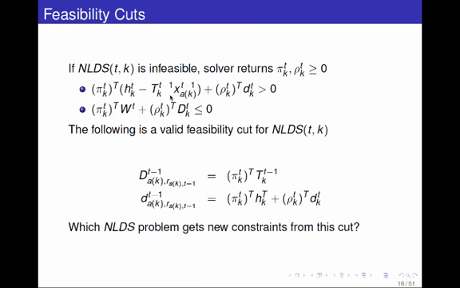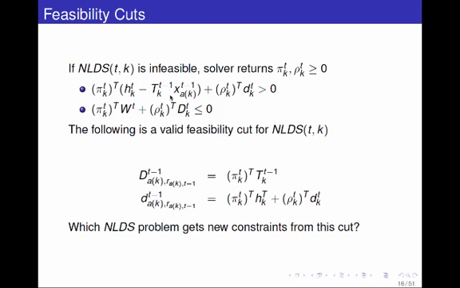So if I get an infeasible NLDS at period t, scenario k, are we okay with it so far? If I get pi's and rhos that cause an infeasible NLDS, I build a feasibility cut for the previous time period by creating this capital D matrix and this little d vector. Okay.